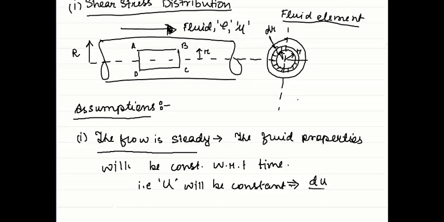Since acceleration is the rate of change of velocity, and the velocity is constant, we know that the rate of change of a constant is 0, which implies that the acceleration of the fluid will be 0.